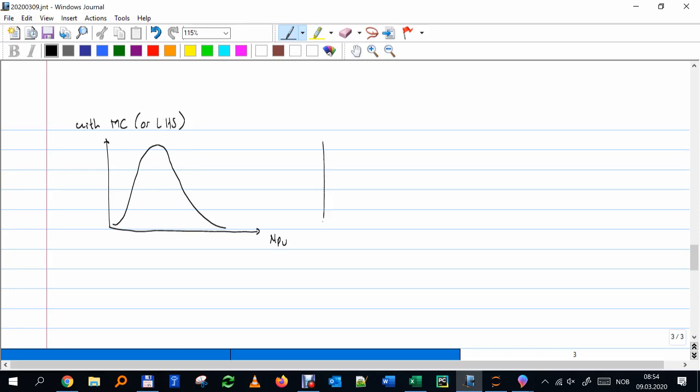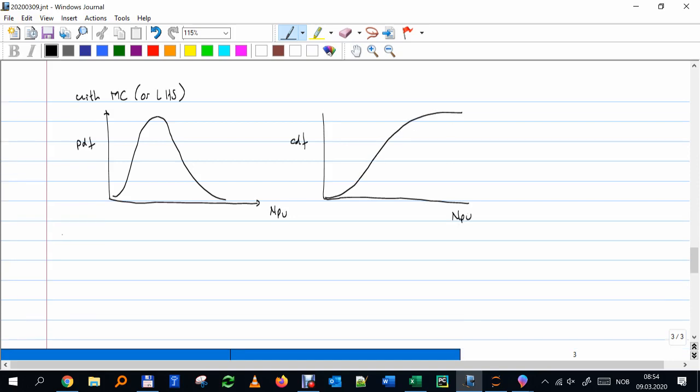We found something like that, and we found also the PDF and the CDF. What happens with decision trees? How do we get that with decision tree?